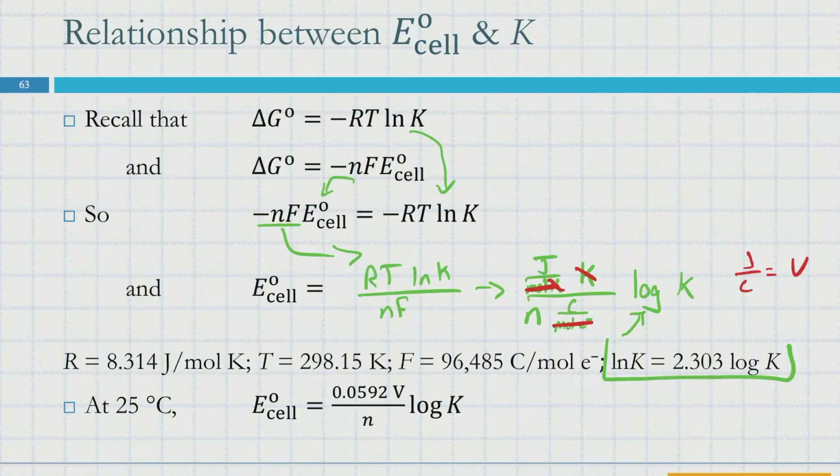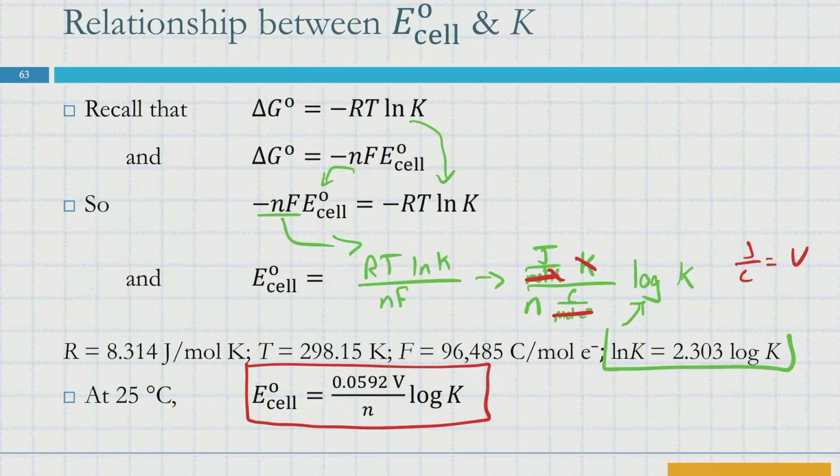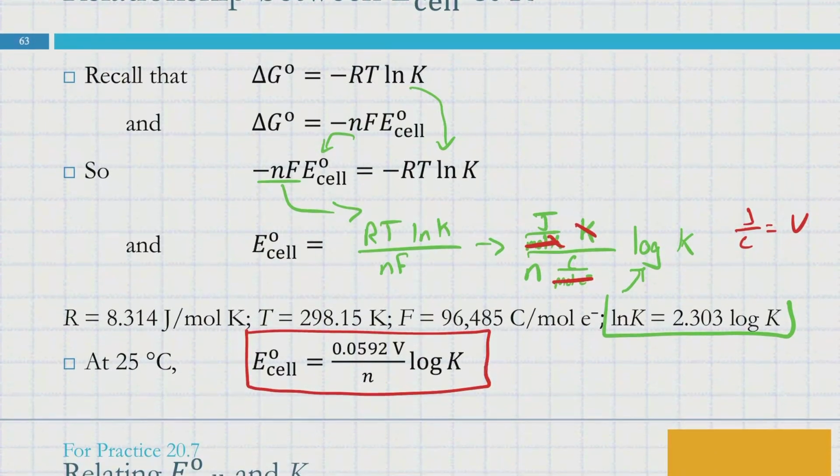So we can condense all of this down into this shorter, nicer equation to relate the two things to each other. We just expressed a bunch of our constants as their numbers and then crunched them all down, and we get this 0.0592 over n times log K. Log K because it's just a little nicer to use log base 10 rather than log base e.